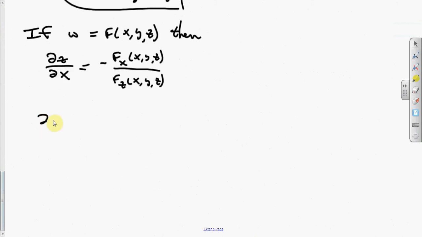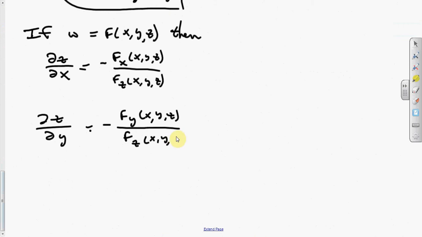If you want to find the partial of z with respect to y, negative, downstairs is the partial with respect to z and upstairs is the partial of f with respect to y of x, y, z, all over capital F sub z of x, y, z.